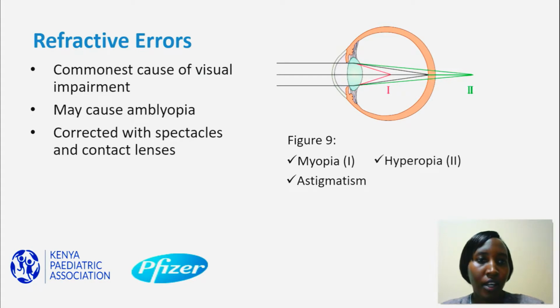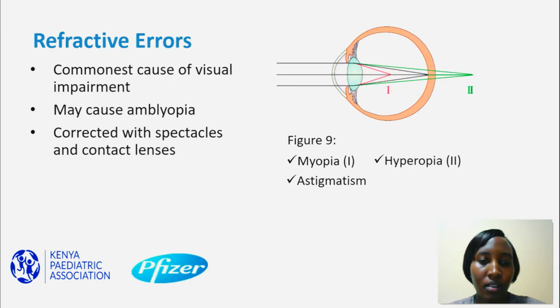refractive errors. Now, important to note is that it's the commonest cause of visual impairment, and this occurs due to improper focusing of the rays on the retina. So one could either be short-sighted, like in number one, where this is called myopia, and in this case the rays are focused in front of the retina.